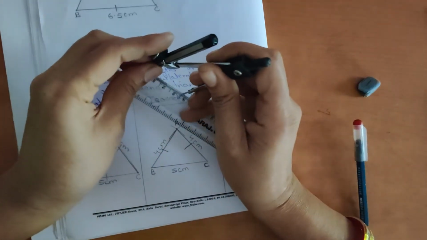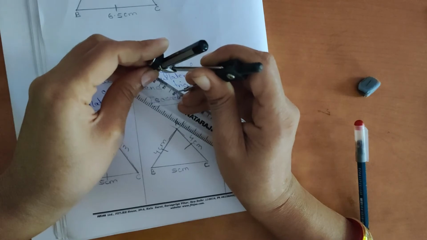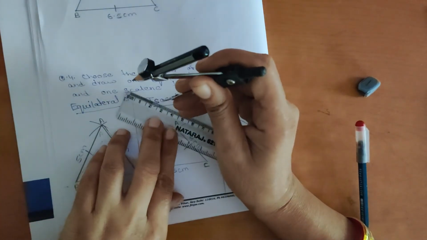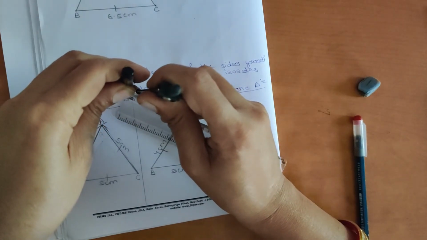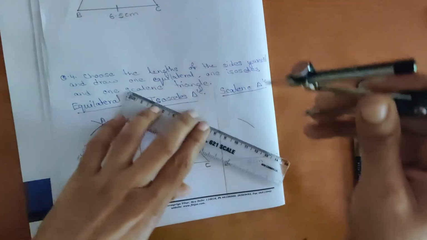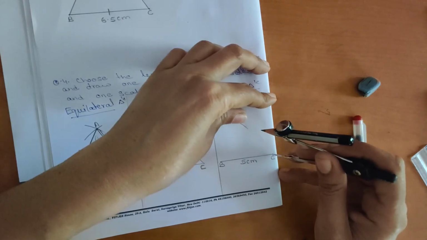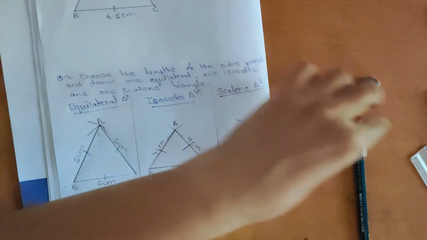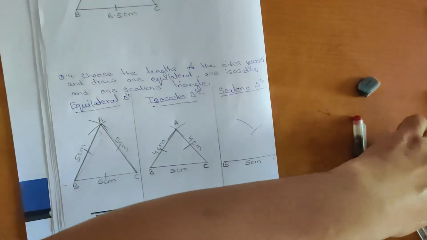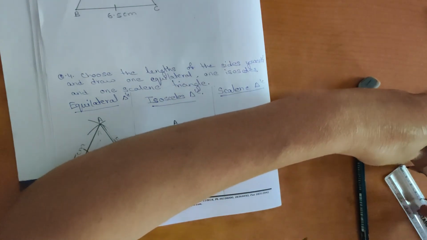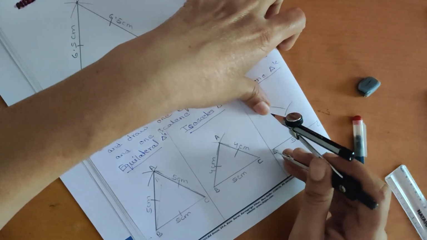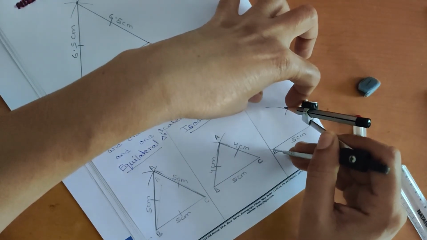And next I am going to take another side, I will take 3 centimeter. It is not intersecting. This side I have taken 4 centimeter, so take that 4 centimeter. Okay, and see that it is intersecting.